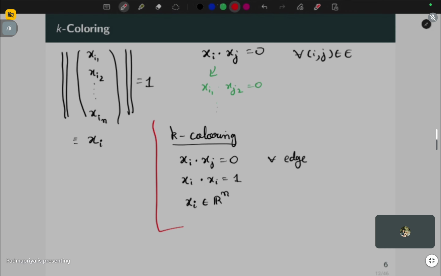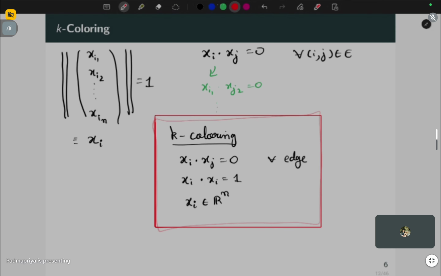So this structure over here, which we have just drawn inspiration from the independent set problem, is called a vector program. It's called vector programming for obvious reasons, because we are dealing with vectors over here.